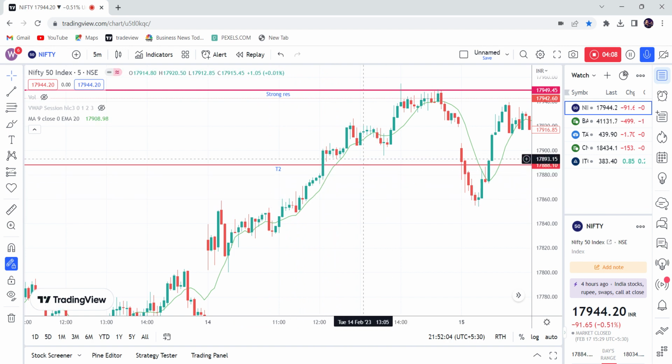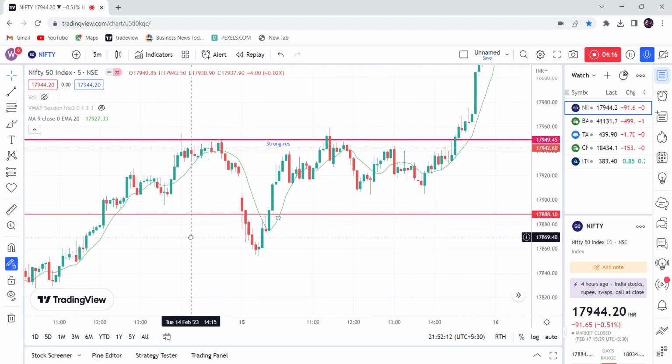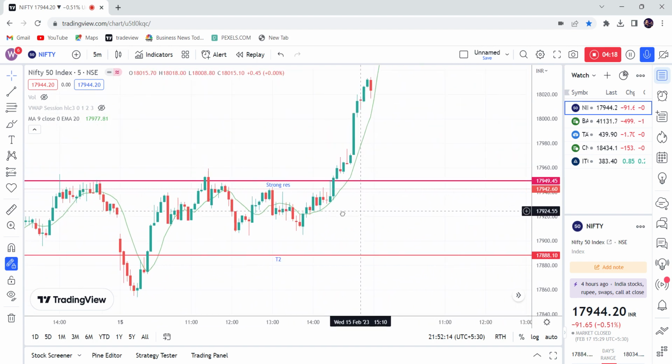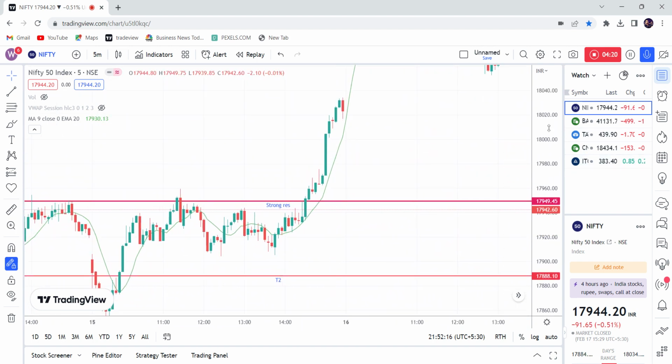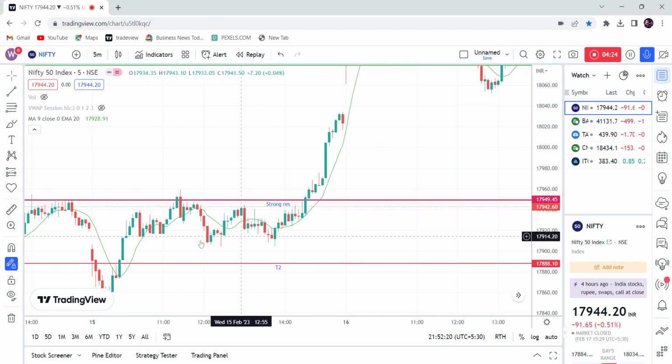This sloping moving average will be more powerful in your trading. It gives a clear view of your trading journey. Whatever intraday you are taking, I'm showing this on Nifty. See here, it is fully flat, so the market is sideways.